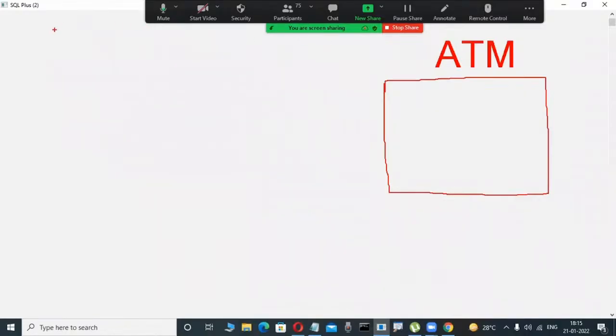Observe here, my balance is 3000, for example. Today I decided to withdraw some amount. Suppose I'm going to the bank. This small scenario is easily understandable, even for a non-technical person.